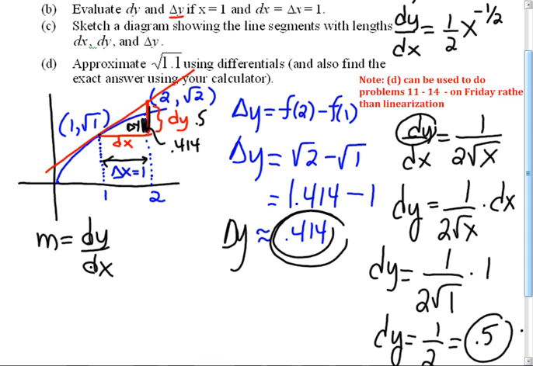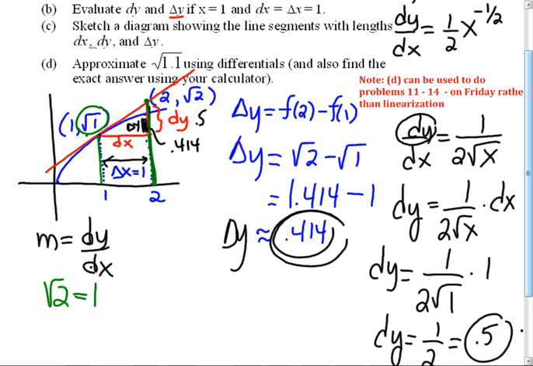So what is the square root of 2 approximately equal to? The square root of 2 is this entire length, right? Using a little geometry, how big is this length? That's just 1.